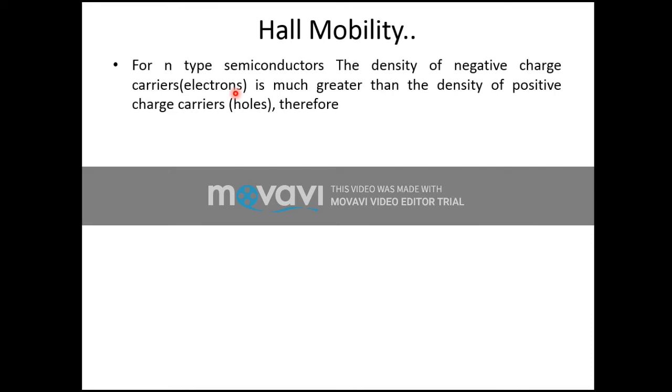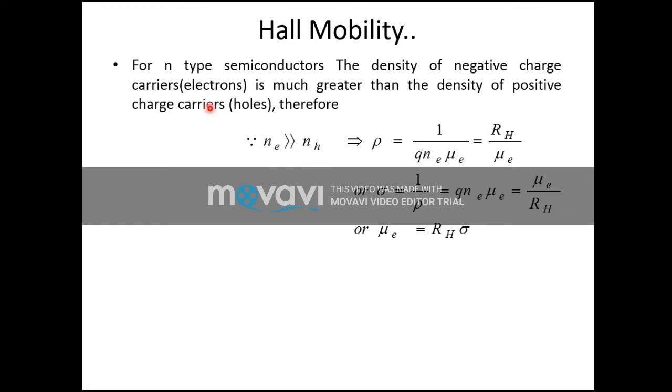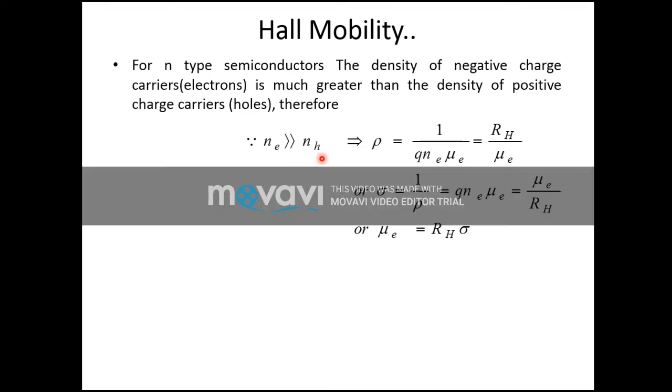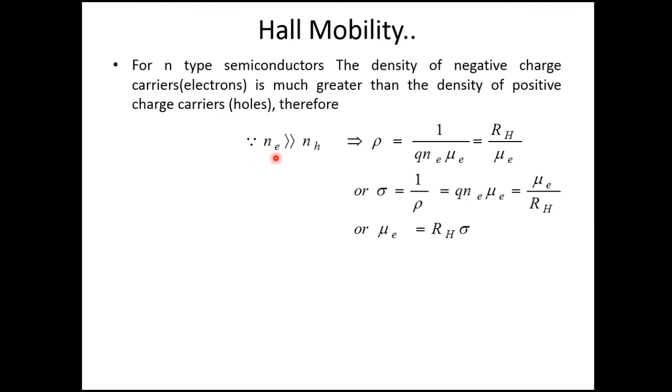For n-type semiconductors, the density of negative charge carriers, that is electrons, is much greater than the density of positive charge carriers, as all of us know. So here the density of negative charge carriers is much more than the density of the holes. Then we can ignore the component having NH, because this is very less as compared to this Ne.